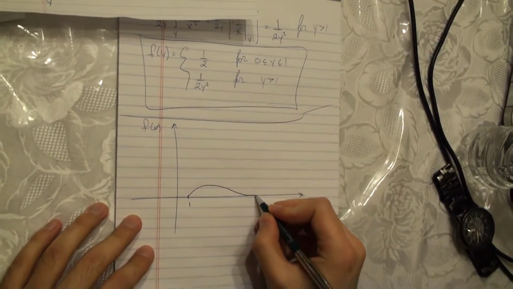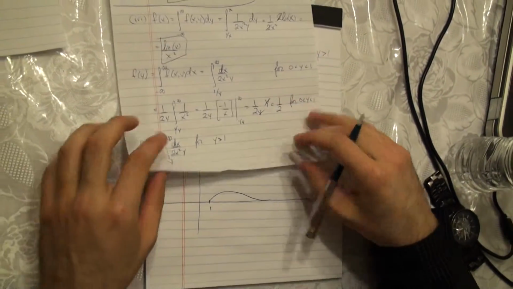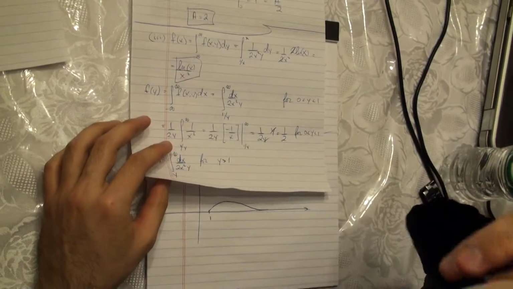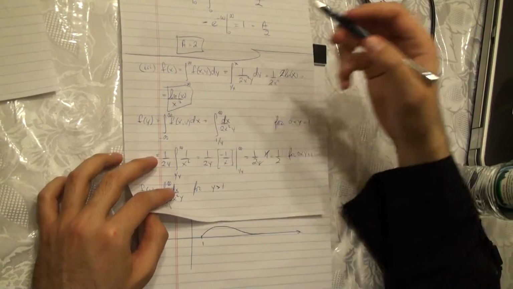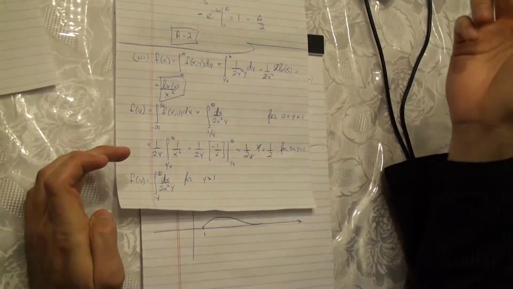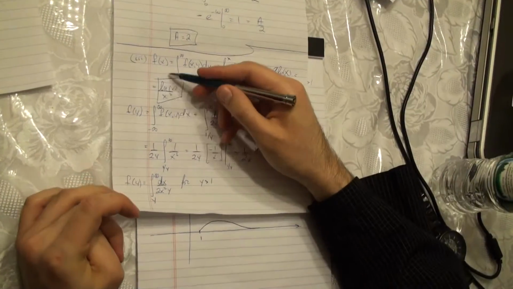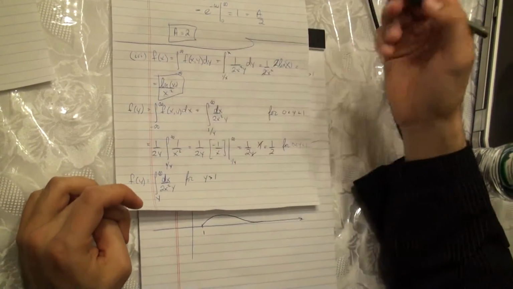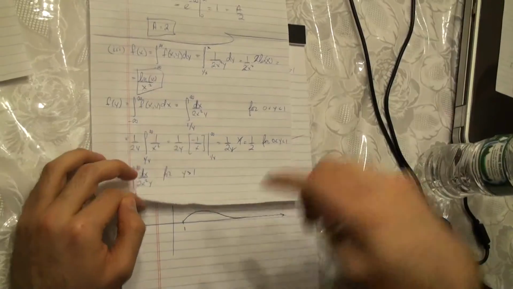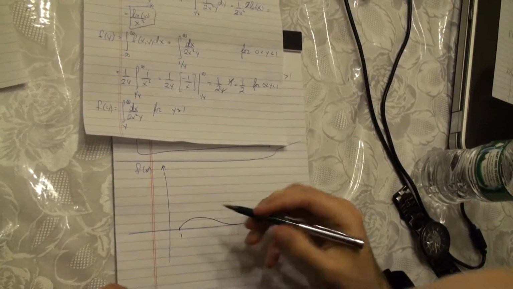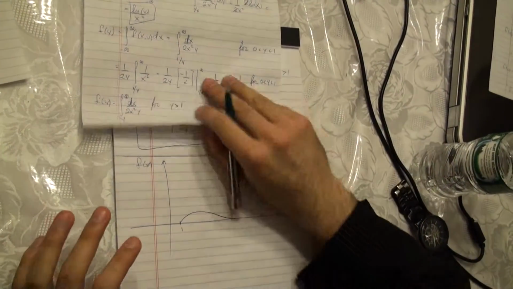And let's go slowly to 0. How do I know it goes to 0? As x approaches infinity, ln approaches infinity, but it doesn't approach it as fast as x squared approaches infinity. So it's 1 over infinity, which becomes 0. So this approaches 0, and it has some maximum over here.